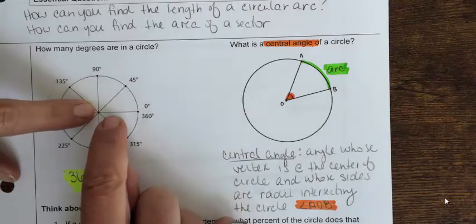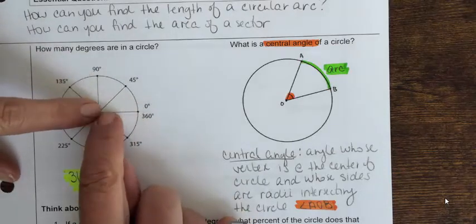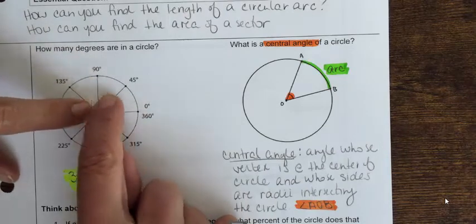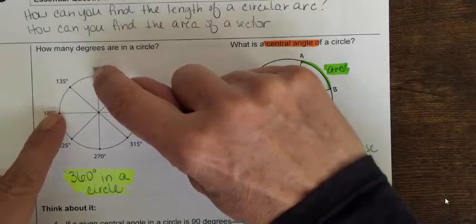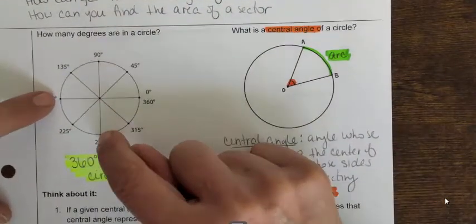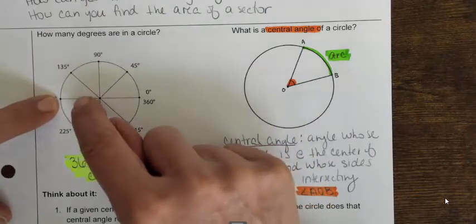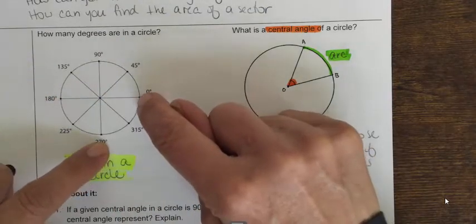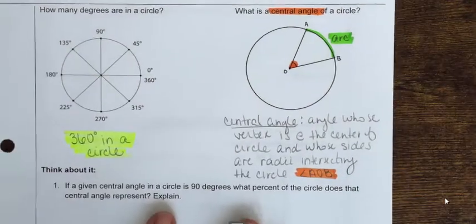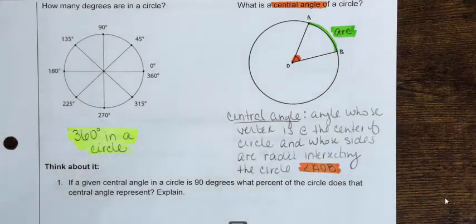What percent of this circle does 90 degrees represent? Well, how many of these are there? I've got this one, and from 90 to 180 there's another 90 degrees. From 180 to 270, another 90 degrees. And from 270 to 360, another 90 degrees. So I truly have 4 of those, right?